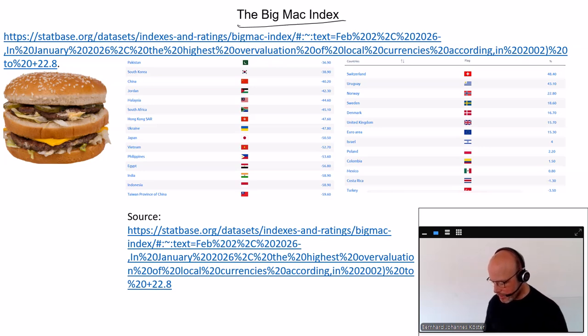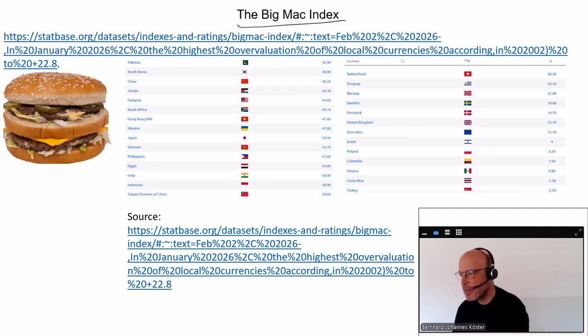I think I said it last week that unfortunately the data is not free anymore, so I had to just take a snapshot of the screen of the current data.